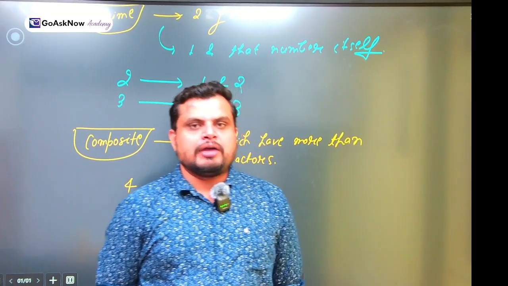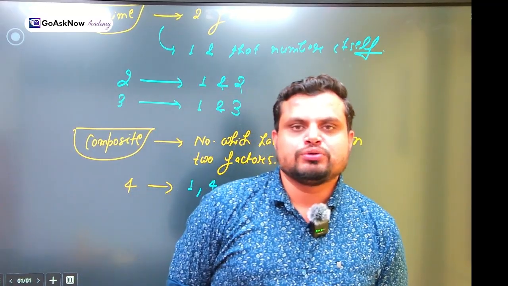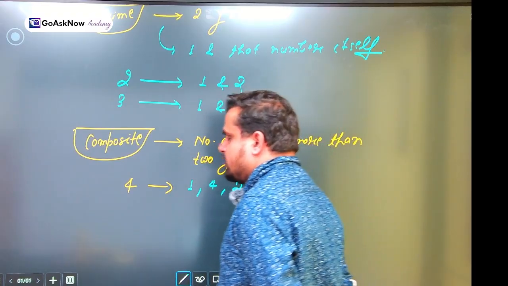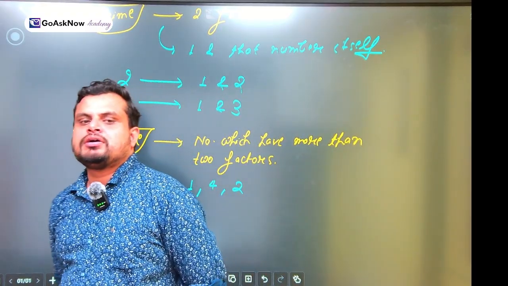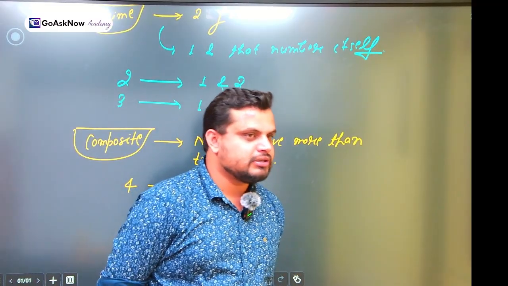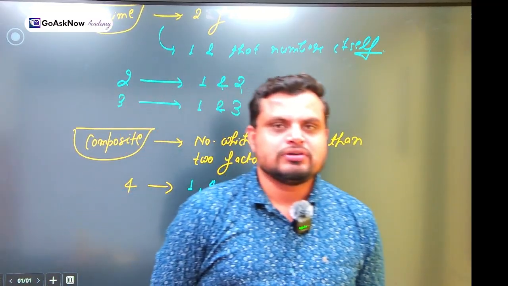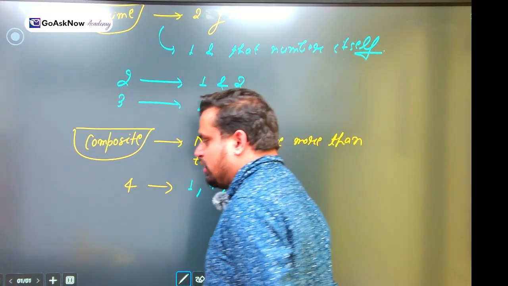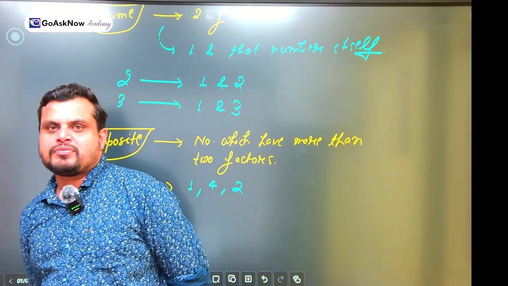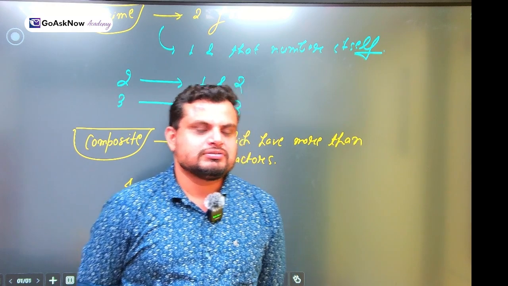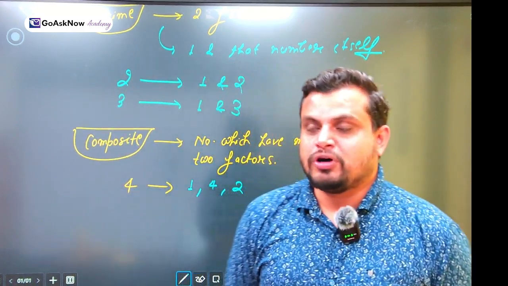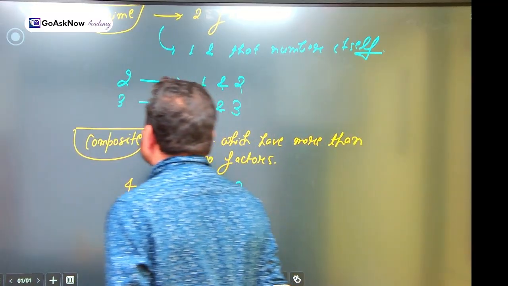Now, I am going to ask you a very interesting question. What do you think about 1? Is 1 a prime number? Is 1 a composite number? Many of you must be answering that 1 is a prime. But 1 is neither prime nor composite, because what have we seen about prime?